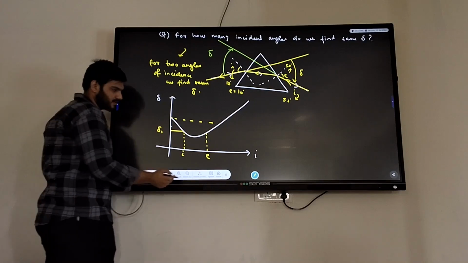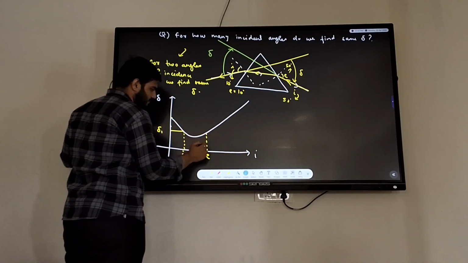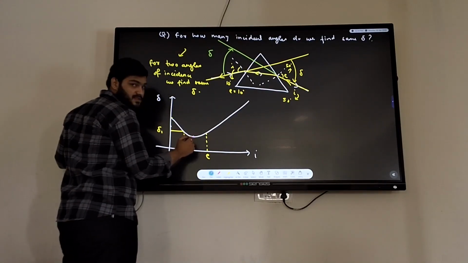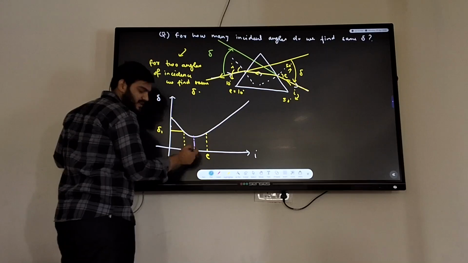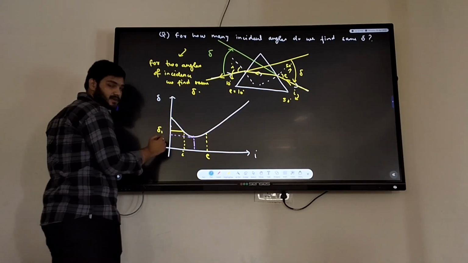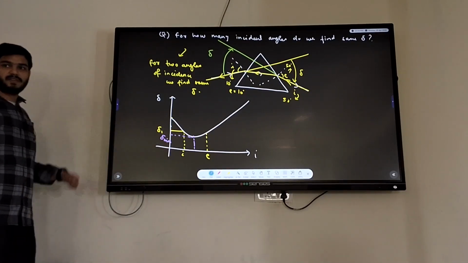If you look at it, are you finding any two values? Are you understanding that? At this point, look at this point. How many values of the x-axis correspond to that delta? Only one, and this I will call delta minimum, the minimum deviation angle.